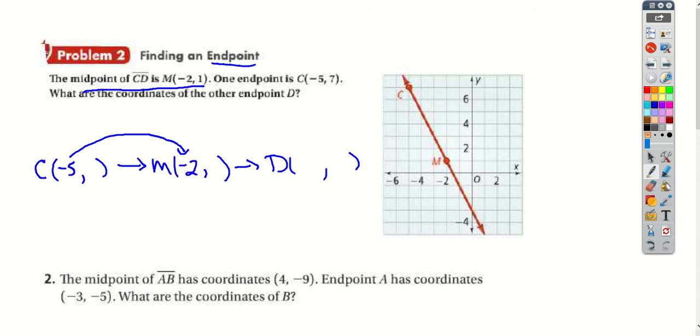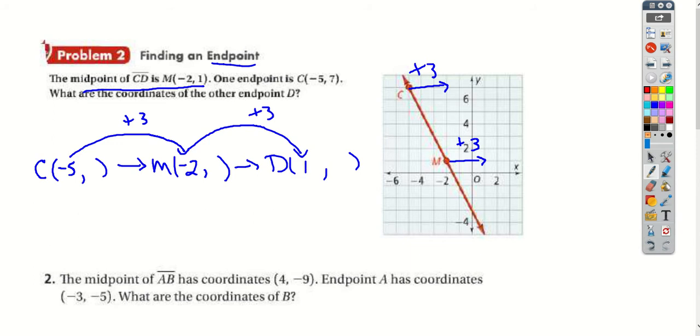So when I start at C, I have to move over to the right 3 units. I'm just going to move over to the right the same amount, 3 units, to get to the next point. So if this is +3 to get from C to M, I'm just going to do it again, +3, to get from M to D. And -2 plus 3 becomes +1, not -1.